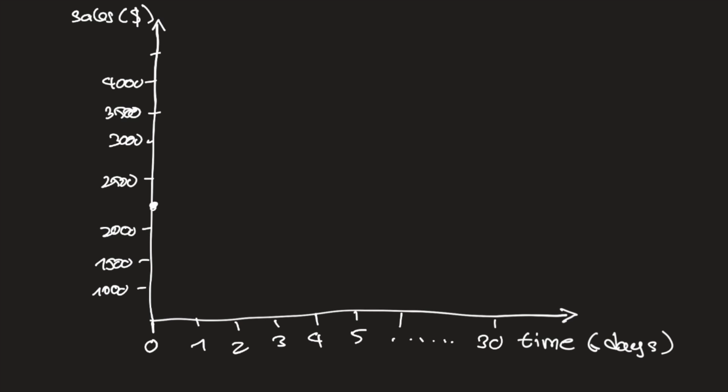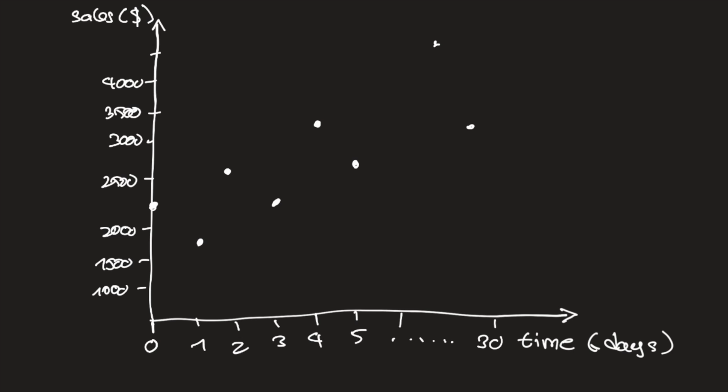Say we go a full month after the campaign of our competitor started. And at the beginning, as you can see, we land somewhere between 2,000 and 2,500. Then on day 2, we are a little bit lower. Day 2 here, day 3 somewhere here, 4 here, 5 somewhere here.